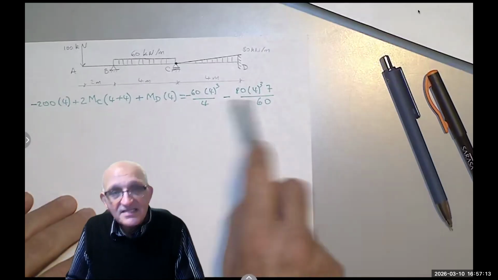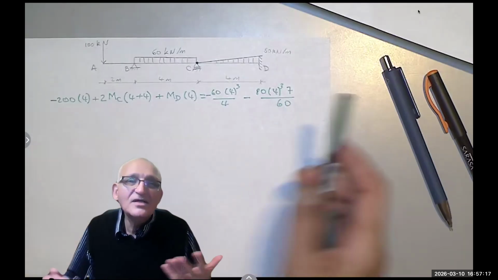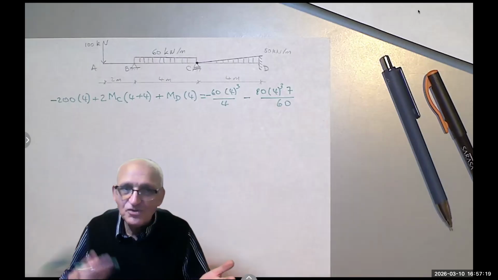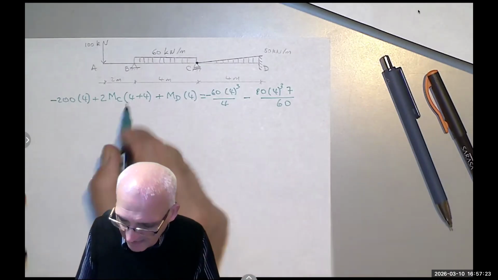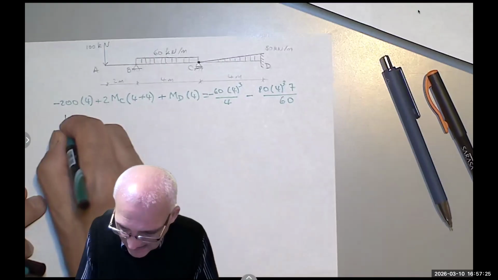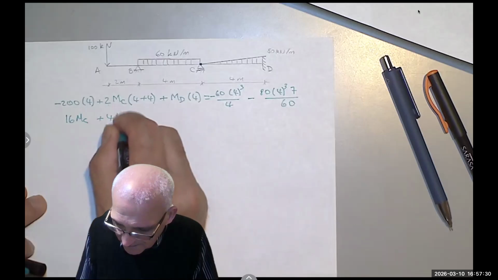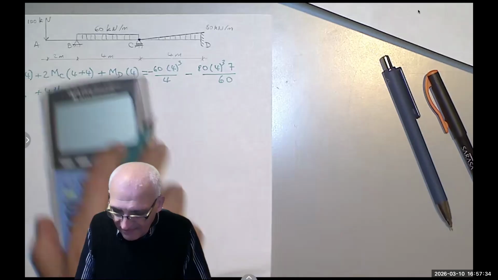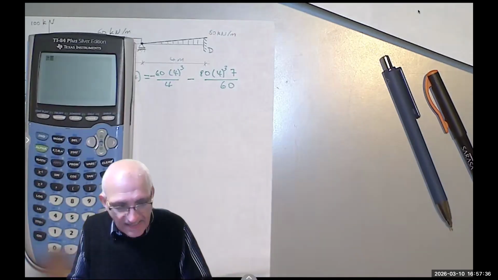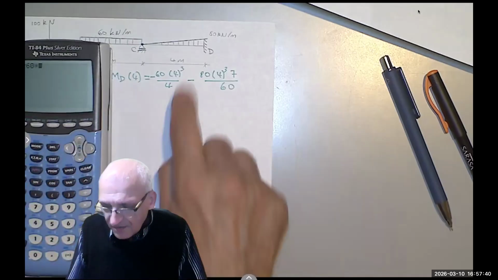As I said, you get these from tables. You will memorize them if you use them a lot. So here I have 8 times 2 is 16 MC plus 4 MD equals, and we are going to evaluate that. So I have negative 60 times 4 square, right?